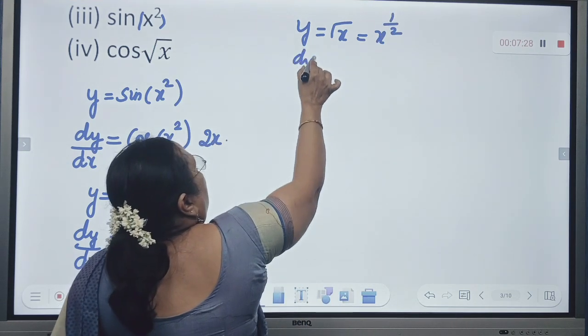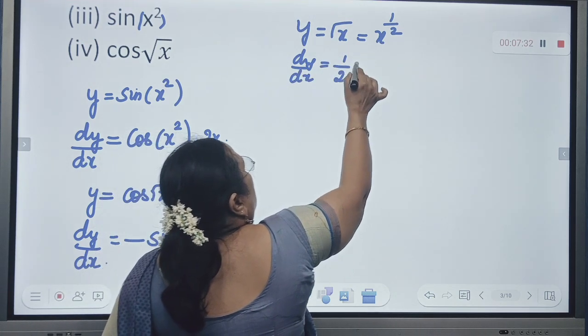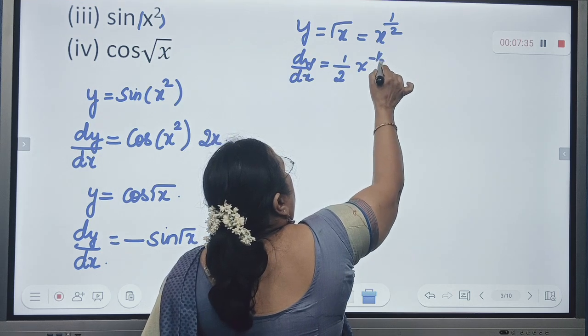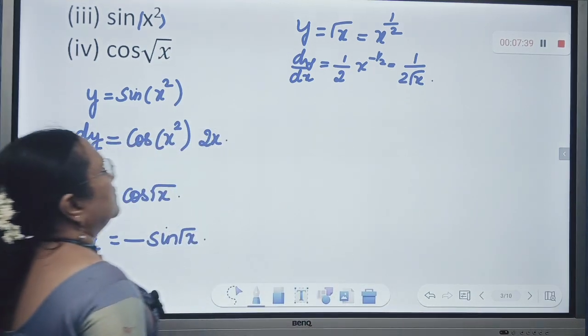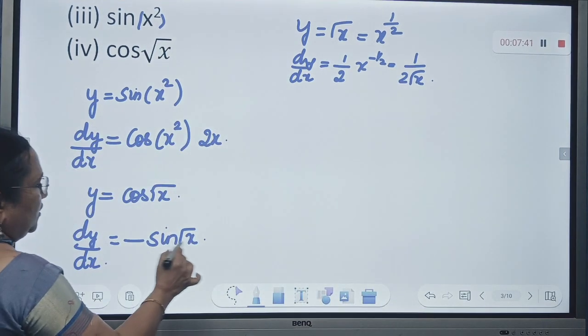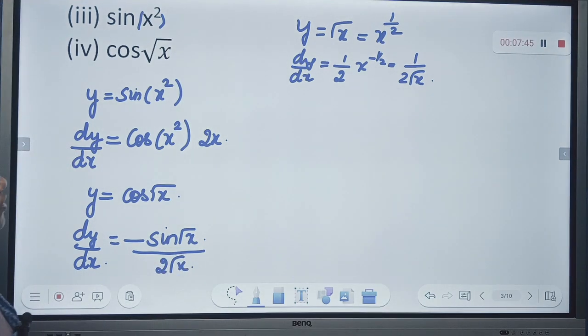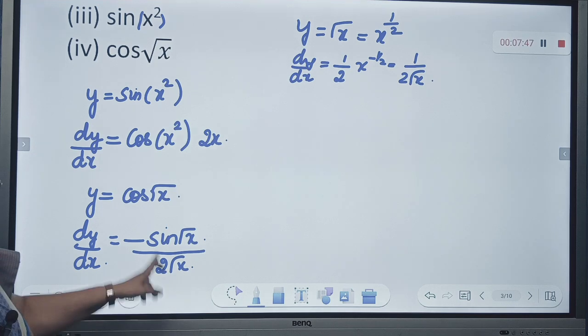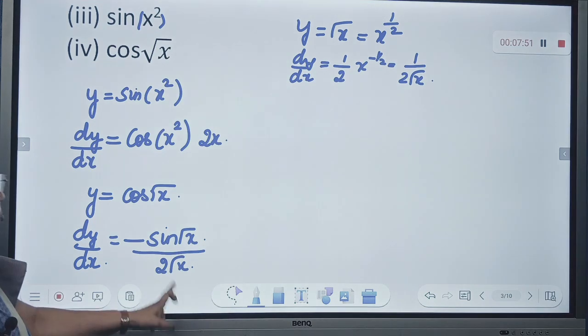Then dy by dx will be half into x power minus half, which is 1 by 2 root x. So minus sin root x into 1 by 2 root x. So for cos of root x, the derivative is minus sin root x by 2 root x.